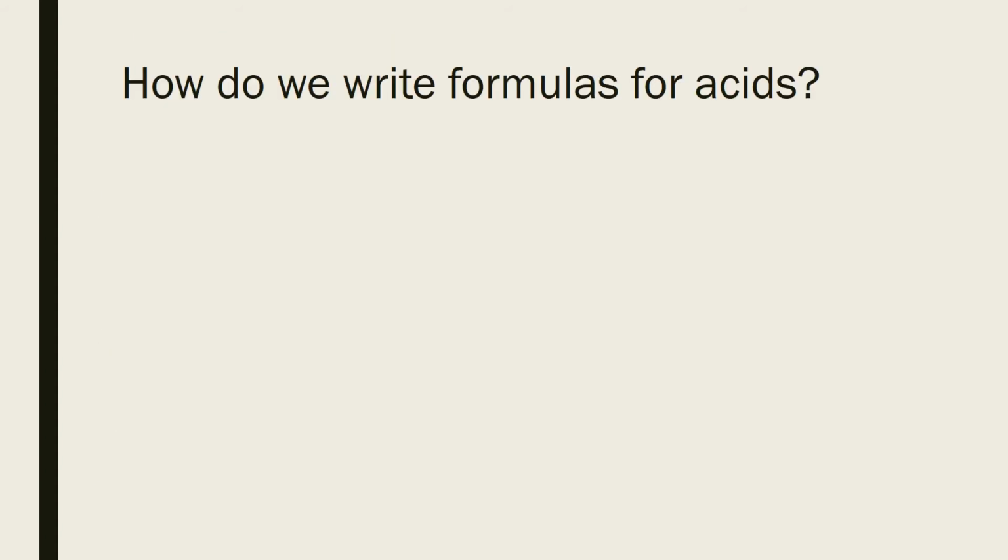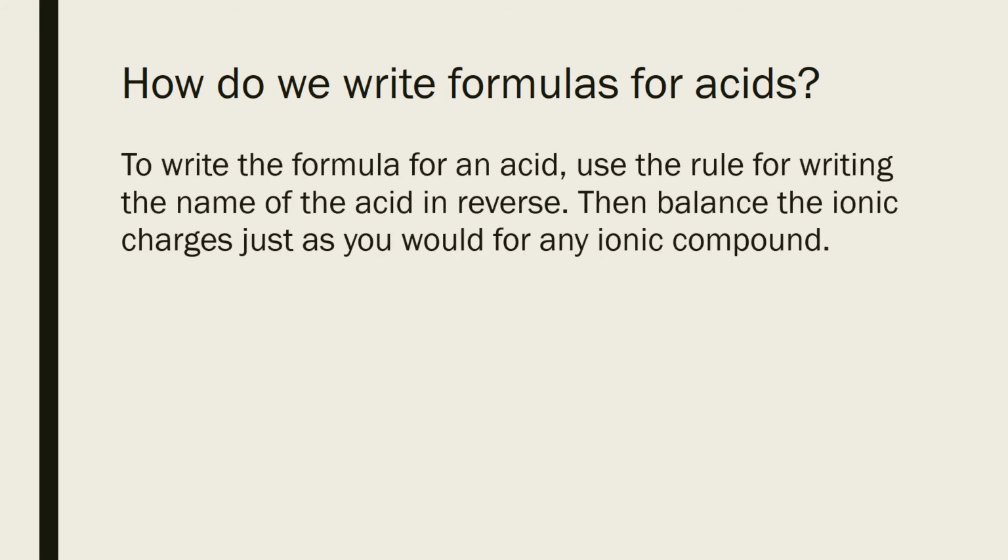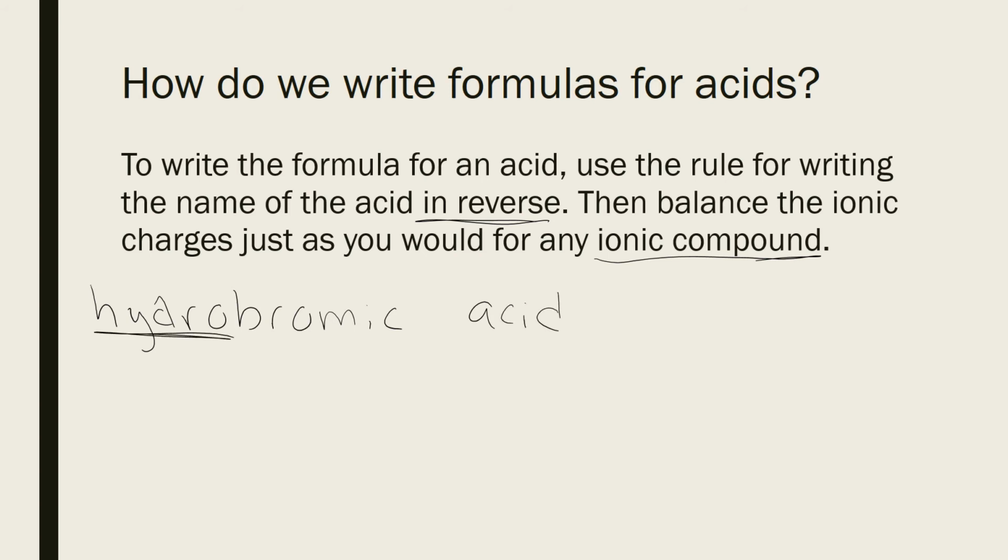So how do we write formulas for acids? So going from the name to the formula. To write the formula for an acid, use the rule for writing the name, but in reverse. Then balance the ionic charges just like you would for any ionic compound. So if I gave you hydrobromic acid, since it has hydro, you know it's going to be a monatomic ion, so not polyatomic.